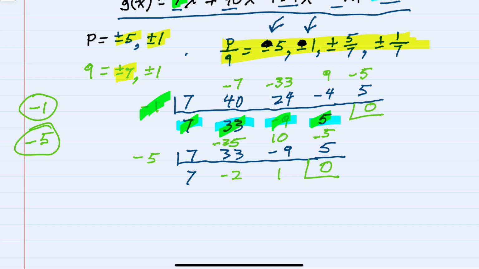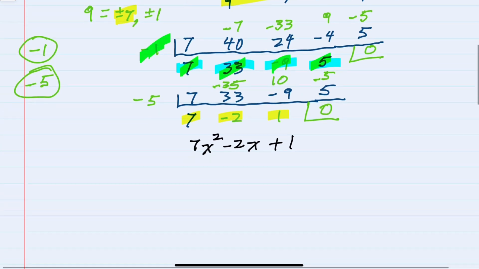And from here, I'm down to just 3 terms in our quadratic. And since I'm expecting complex zeros, if I write this back into its quadratic form, that would be 7x squared minus 2x plus 1. From here, I can get at those by using the quadratic formula.